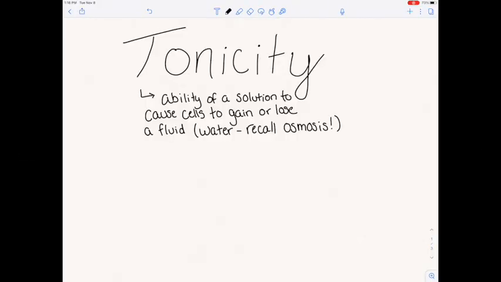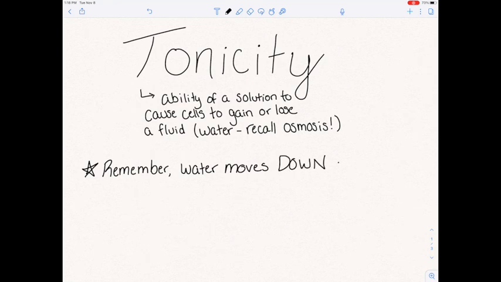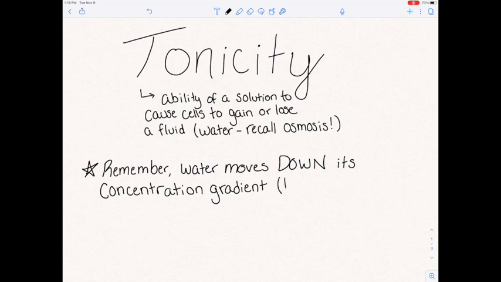And when we're talking about any solute concentration across a membrane, we always have to think about the concentration gradient. And if you remember, for our discussion about osmosis, water is going to move down its concentration gradient. It moves from areas of high concentration to areas of low concentration.